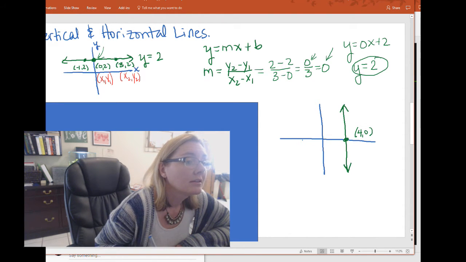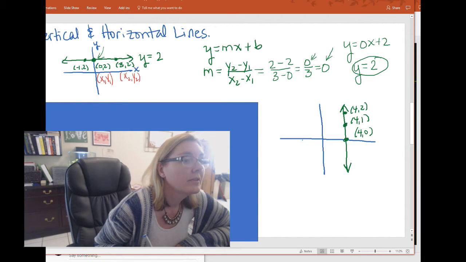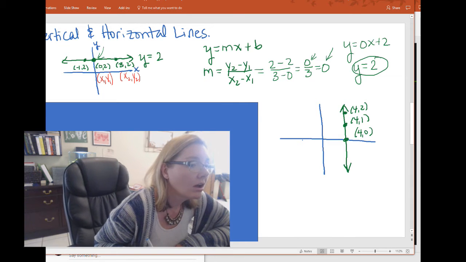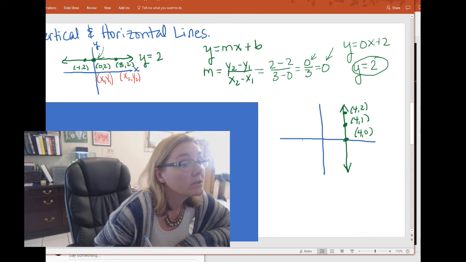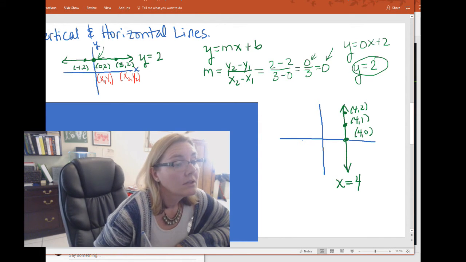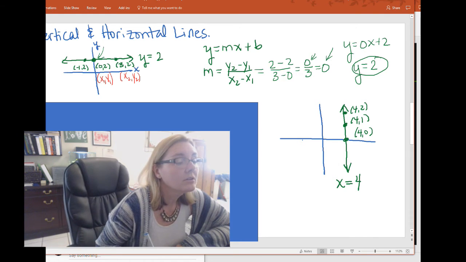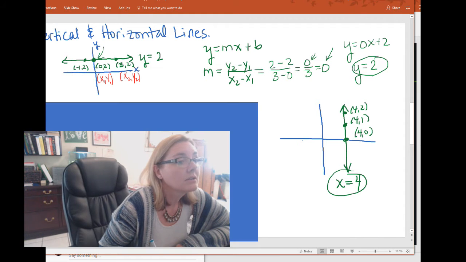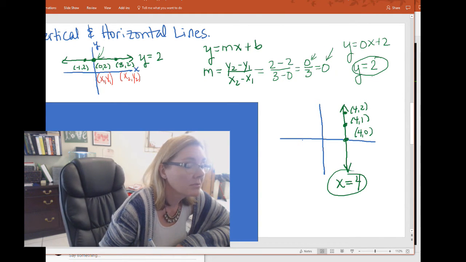That means if I know it's vertical and I go straight up to another point, I would have a point here at (4, 1) and a point at (4, 2), etc. What we see in common with all of these pairs of coordinates is that the first coordinate, the x-coordinate, is always 4. So we can simply say that we're talking about the set of all points where x is equal to 4. Vertical lines will always have the form x equals a number, just like horizontal lines always have the form y equals a number.